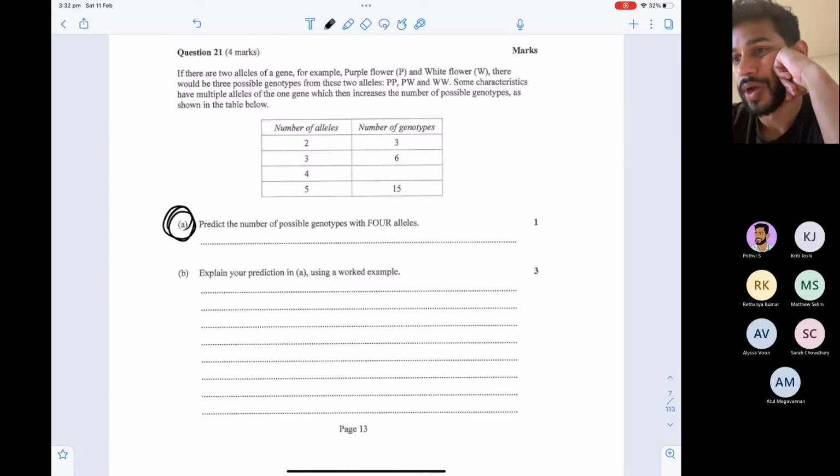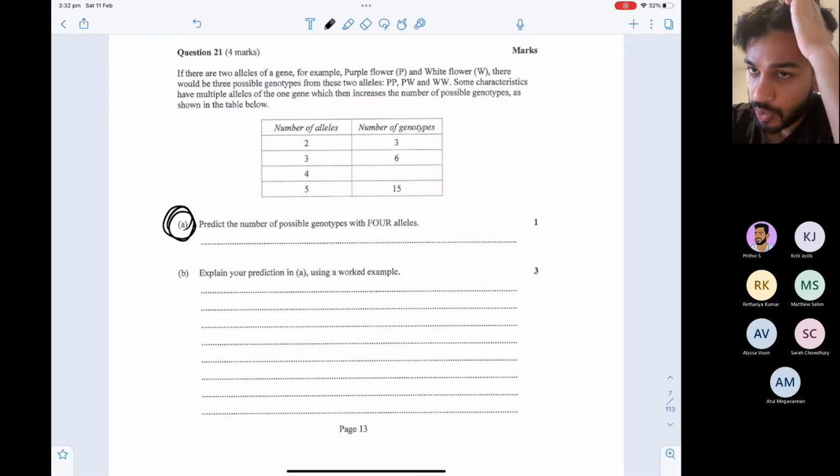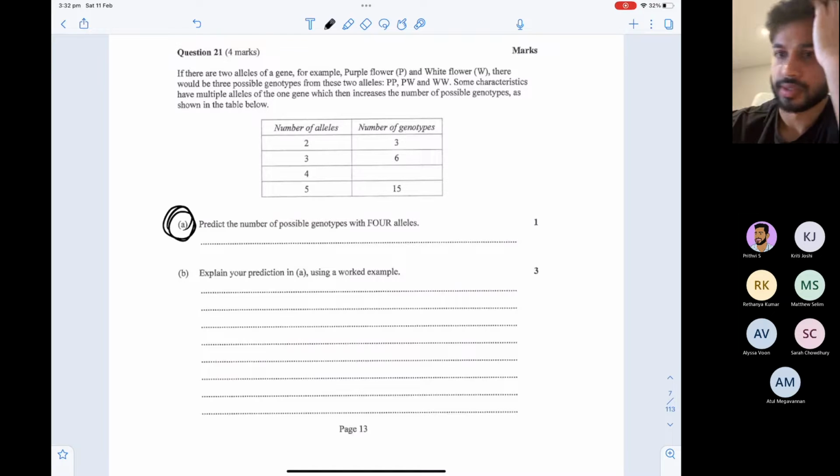I'm just going to stop sharing just because I'll need to do working out for this one. And if you see my working out, you'll see the answer. I'm going to stop sharing my screen, but the question is literally, how many genotypes would you see for an organism with 4 alleles? Okay.